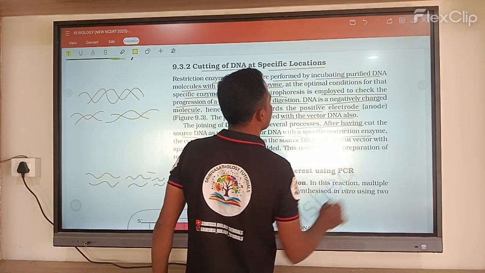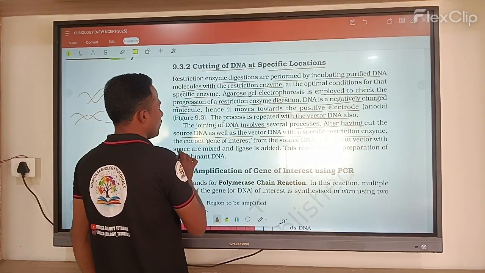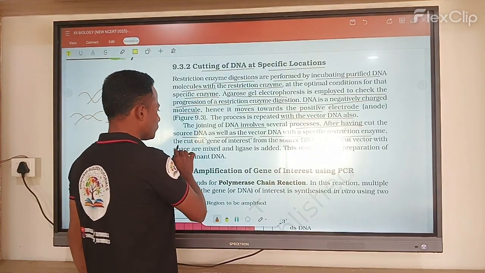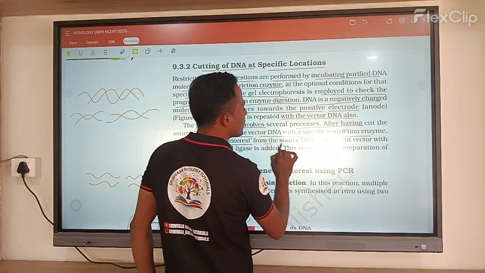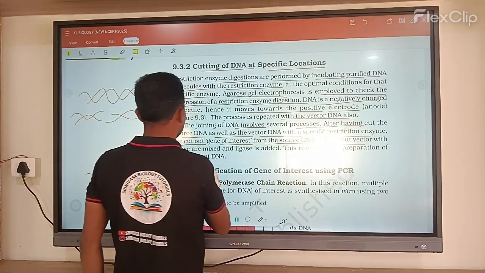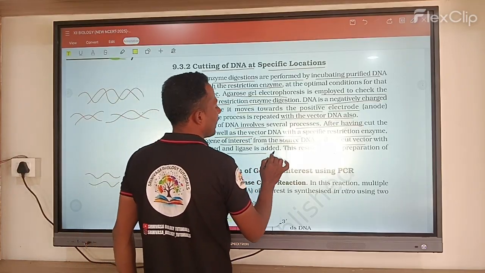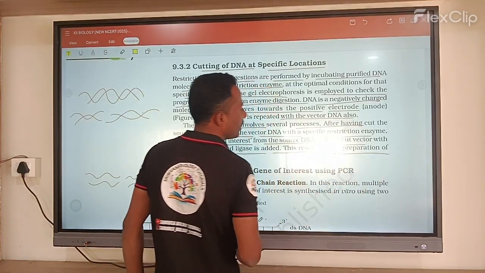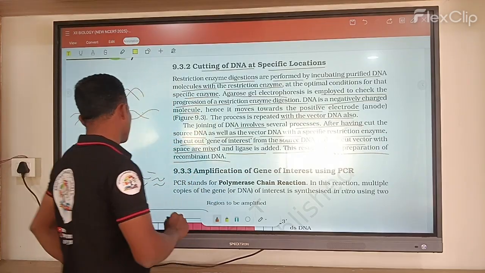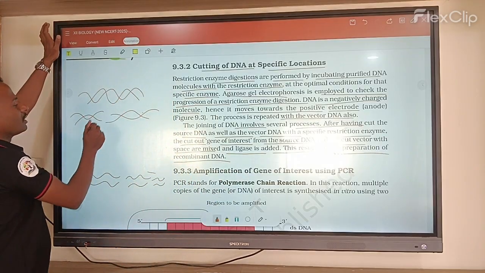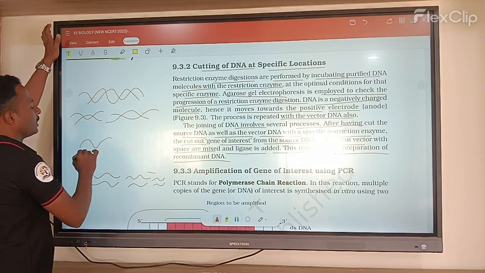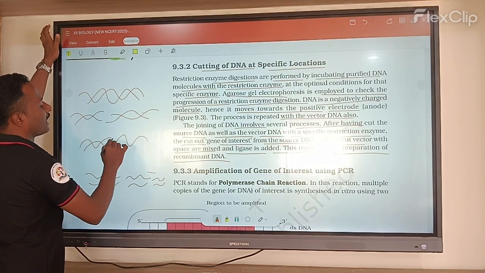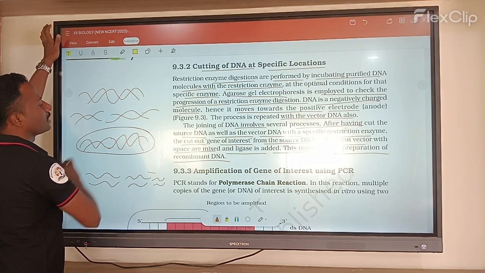The cut DNA insert is added to the vector DNA, mixed, and ligase is added, resulting in the formation of recombinant DNA, using a ligase enzyme to develop the new DNA.